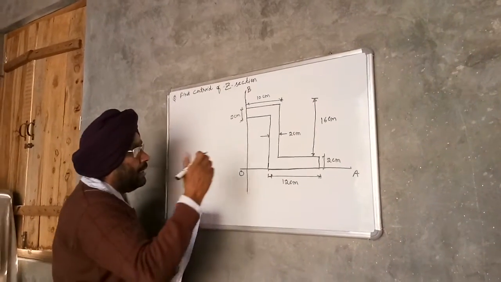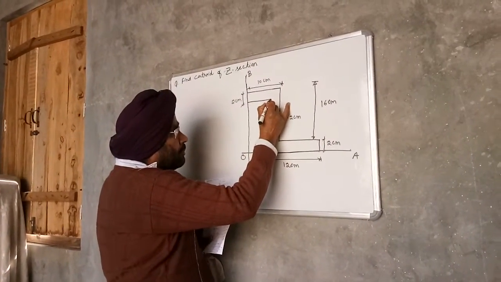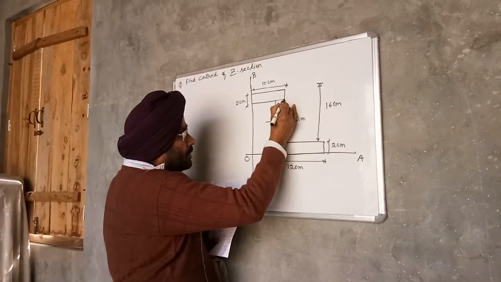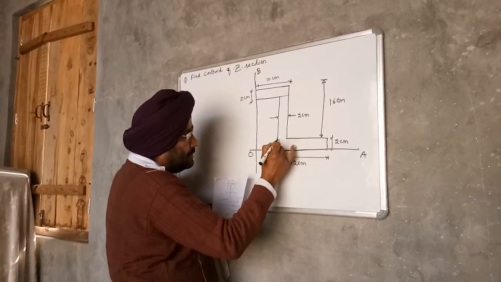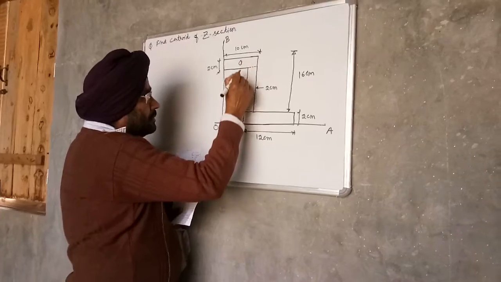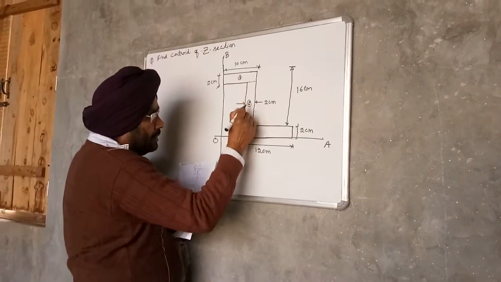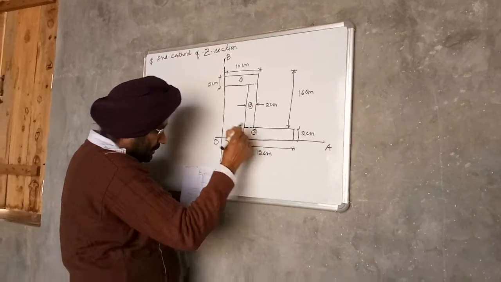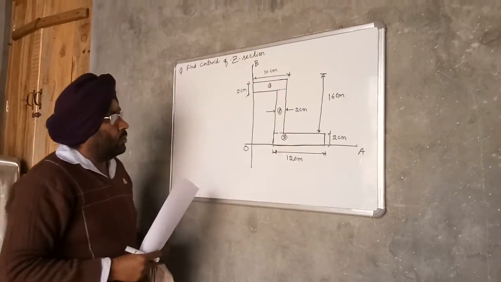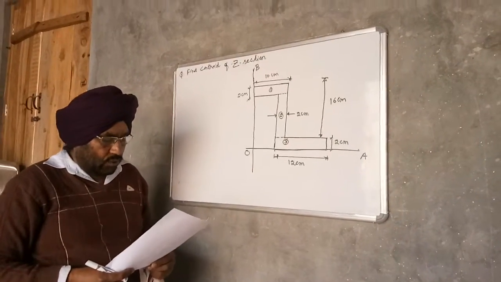So divide the figure into convenient parts. This is divided like this. This is our first part, this is the second part, and this is the third part. So the whole figure I have divided into 3 parts as shown in this figure.